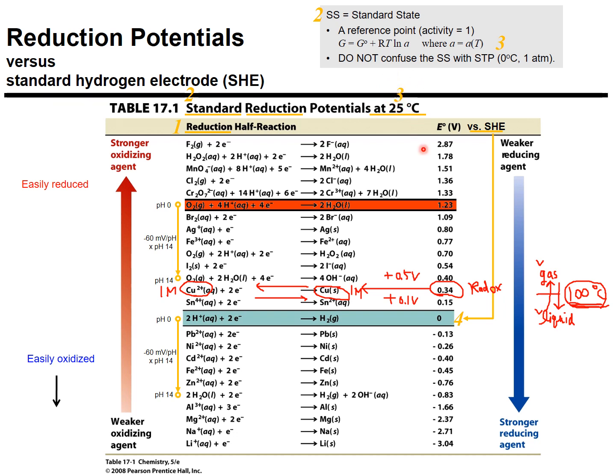And let's go to the first point. The first point is about the reference electrode. The potential is not an absolute value. Potentials are always measured with respect to electrochemical reactions.